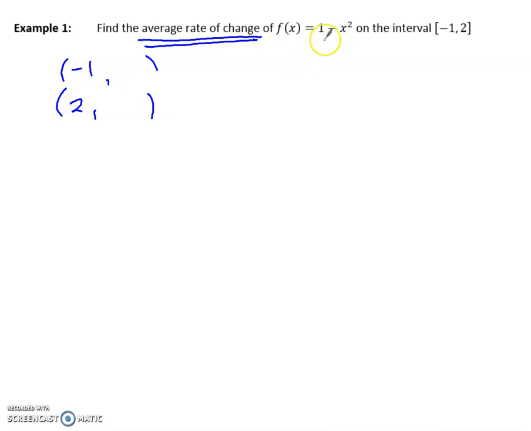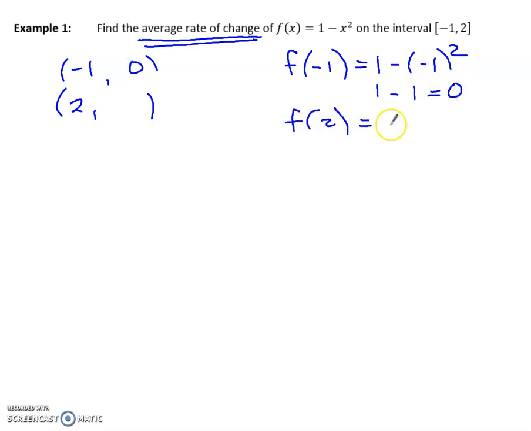So I'm going to plug in -1 here. And when I plug in -1, I end up with 1 minus 1. So I get 0. And when I plug in 2, I get 1 minus 4. So -3. Okay, so if I want to find the average rate of change between those two x values, then I just need to find the slope of those points.